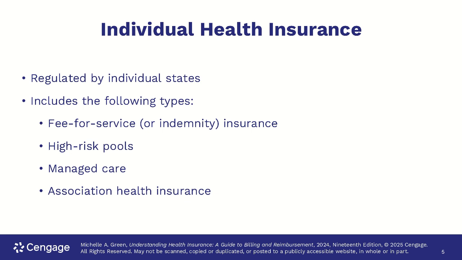Managed care, HMOs, I talked about this in, I want to say, week number 2. And so examples of managed care plans are HMOs, preferred provider organizations. And then lastly, association health insurance. And as the name implies, this type of insurance is offered to members of a professional organization and marketed to small business owners as a way for them to cover their workforce.